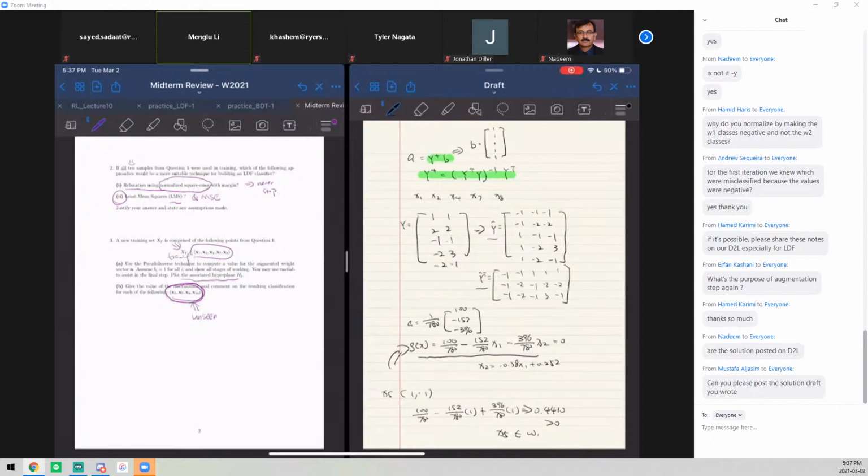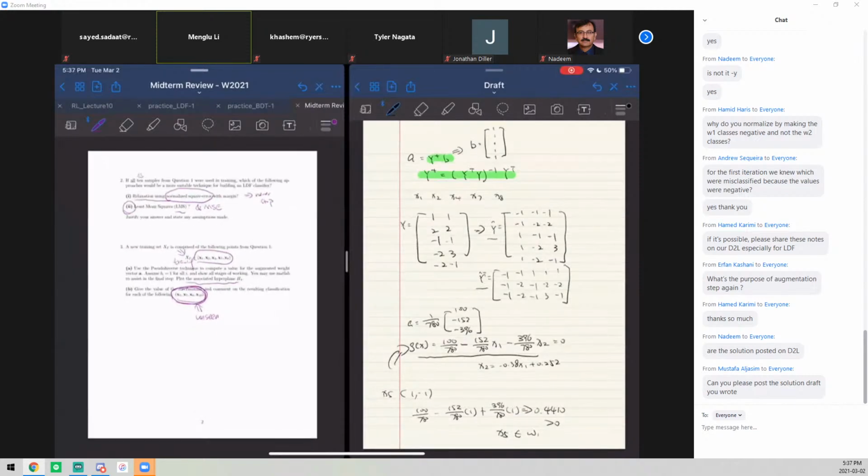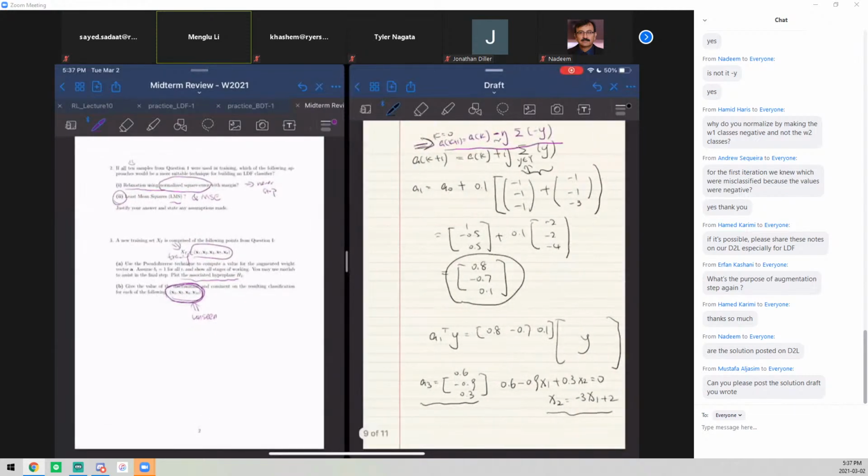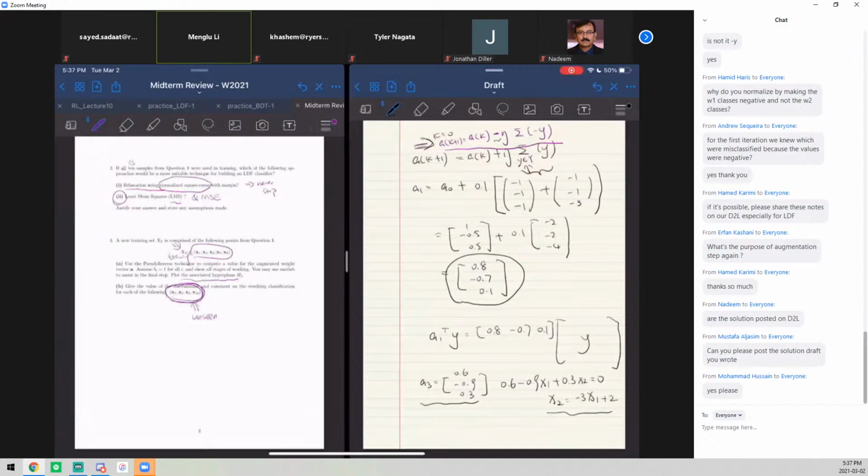Is share the notes. Okay, yeah. For the solution, I can. Do you guys want the draft? I think my writing is so. Okay, I can post the draft. Sure.